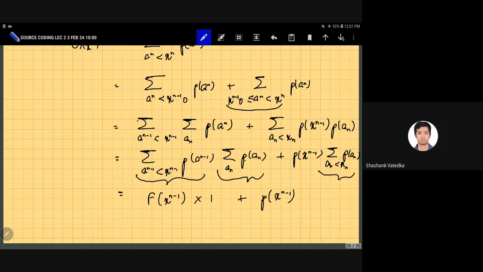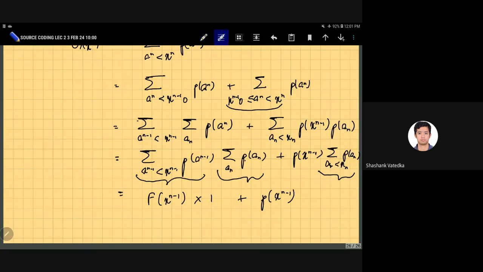The summation over all a_n less than x_n of p of a_n. Yeah, exactly.